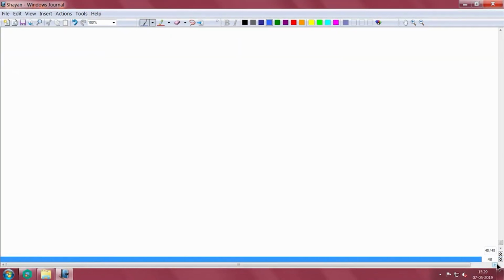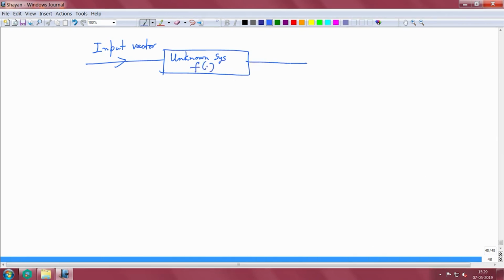Similarly, we have inverse modeling. We have an input vector that goes into this unknown system which we do not know. Let us call this f. It gives us some d sub i, which is the system output.